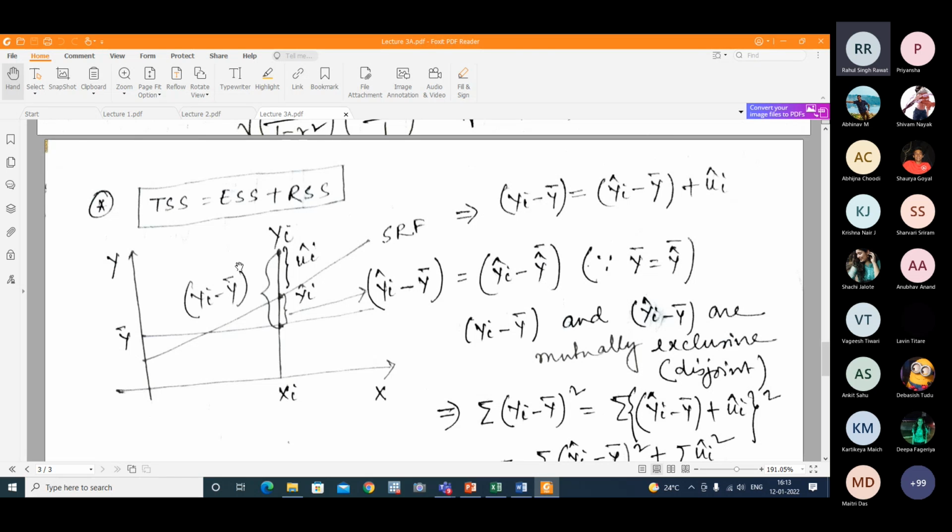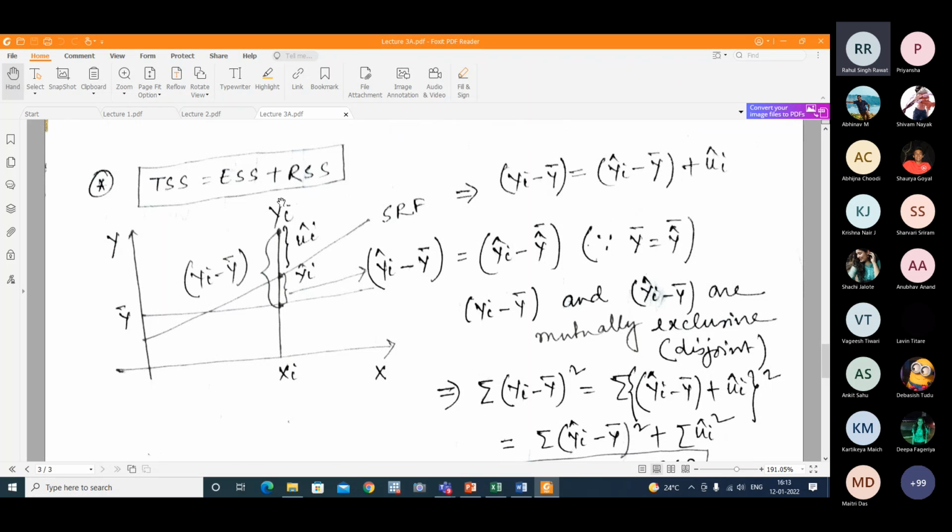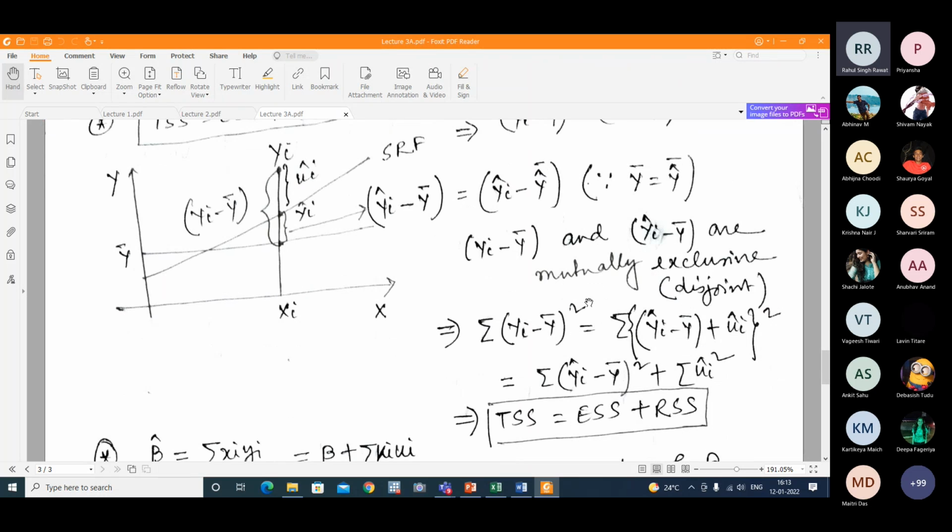It is to be done for the entire set of observations, and when you sum it up, you get TSS as the sum of ESS and RSS. Is it clear?